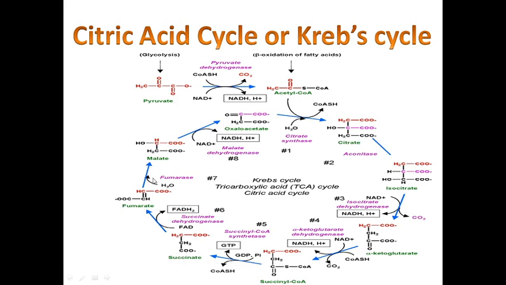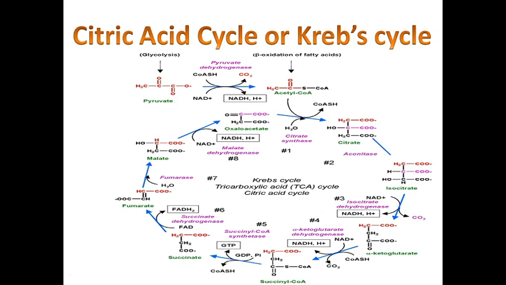Upon consuming water in the presence of fumarase, it changes to malate, malic acid. These are organic acids. And finally this malate changes to oxaloacetate in the presence of the enzyme malate dehydrogenase. So this is the Krebs cycle. It takes place in the matrix of the mitochondria.